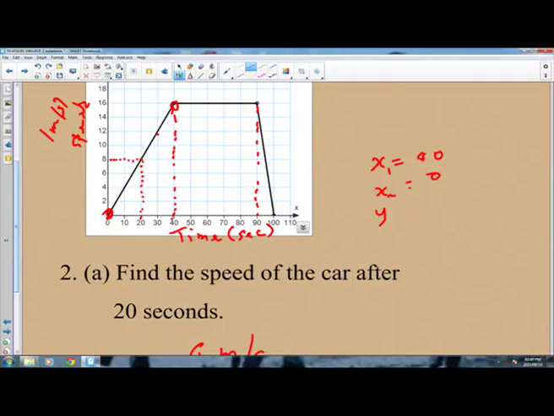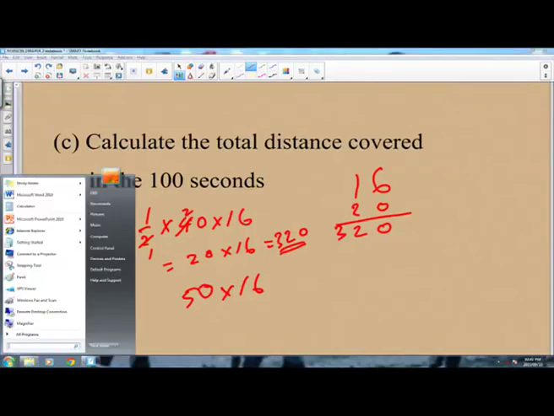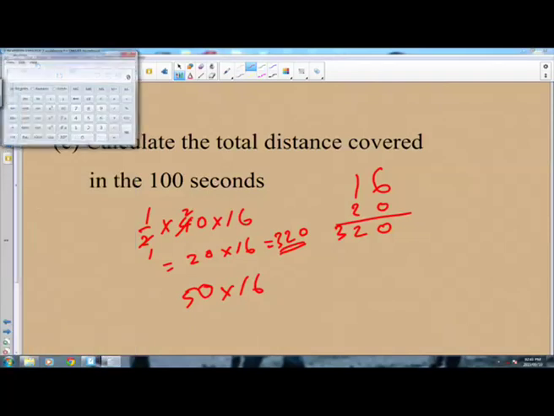So the area of the rectangle here will be 50 times 16. And then what is 50 times 16? We can take a calculator and multiply 50 times 16.